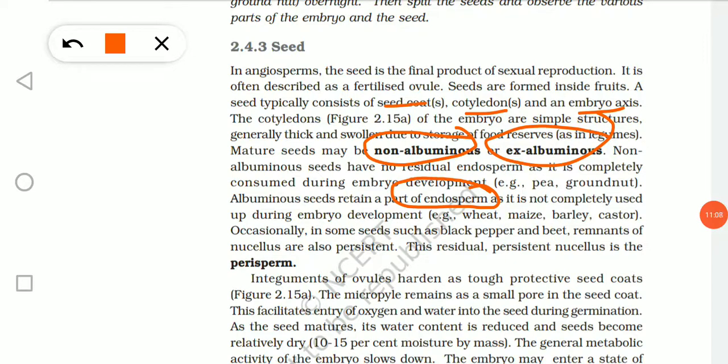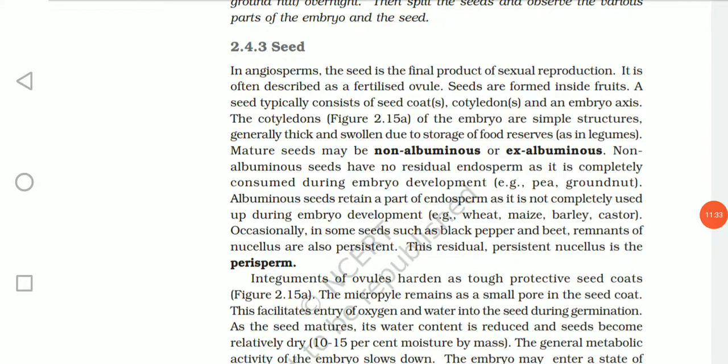Occasionally, in some seeds such as black pepper and beet, remnants of the nucleus are also present. This is known as perisperm. Perisperm is the remnants of the nucleus. Non-albuminous seeds are those wherein the endosperm is completely used up, and albuminous seeds are those with some residual endosperm.